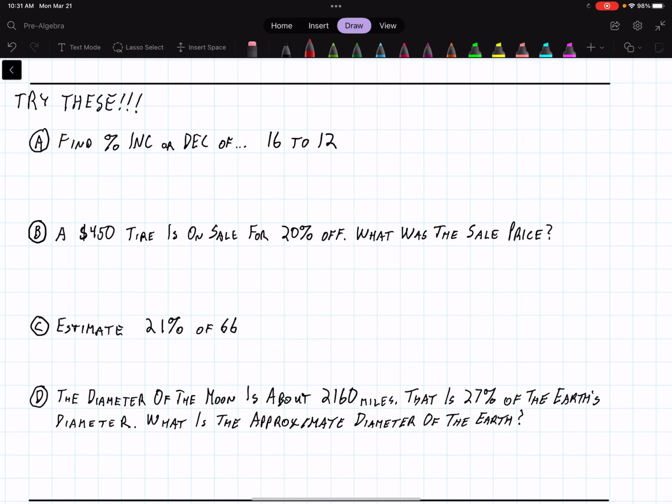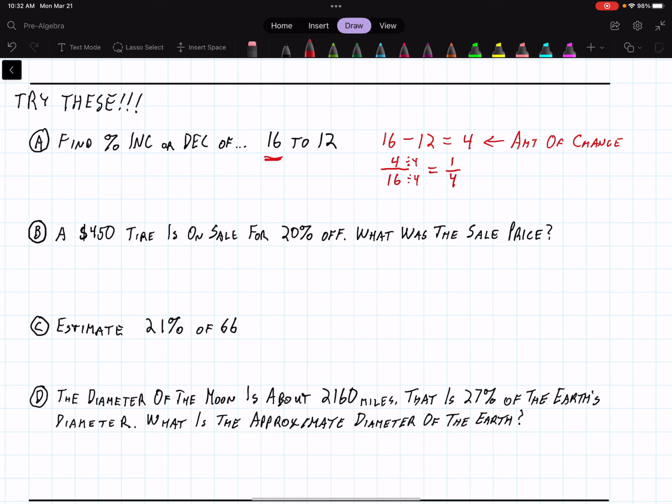Now, we'll say 16 minus 12 equals 4. So we know that this is my amount of change. I'm then going to put that in a fraction over the original amount. What's my original amount? Well, we went from 16. I can then divide the top and the bottom by 4 to simplify this, and that equals 1 over 4.